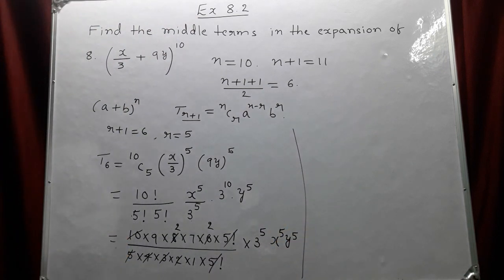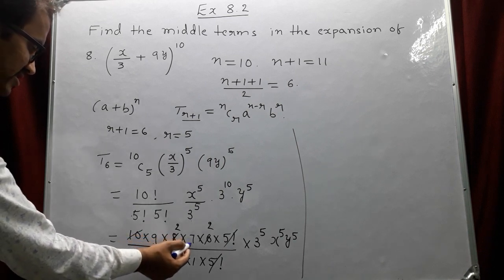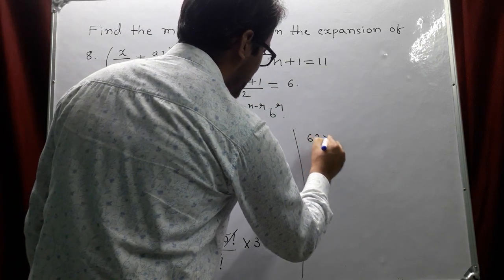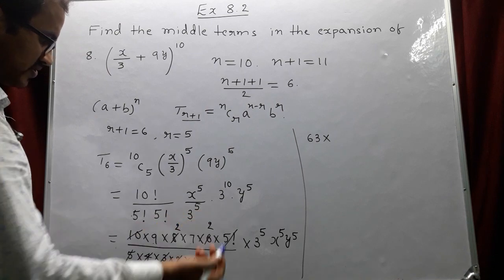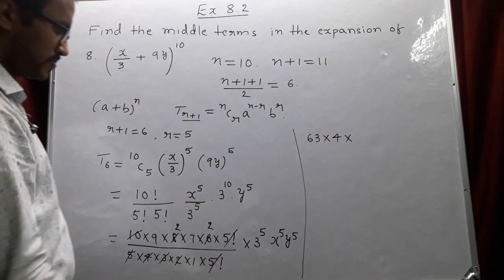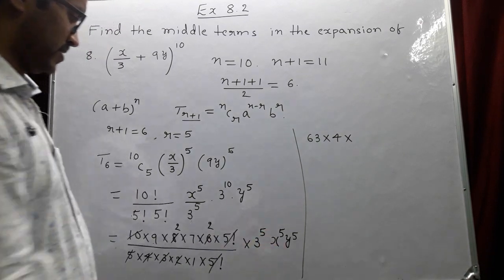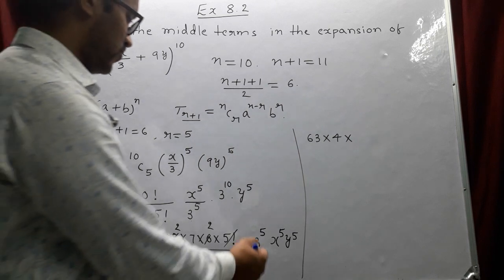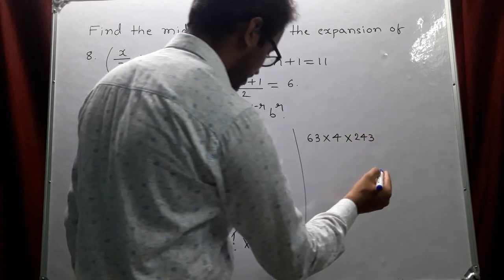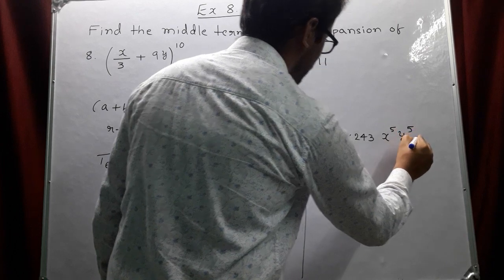Now simplify this one. So what we have, 9 into 7 into 4, that is 252, into 3 power 5. 3 power 5 means 81 into 3, that is 243, x power 5 y power 5.